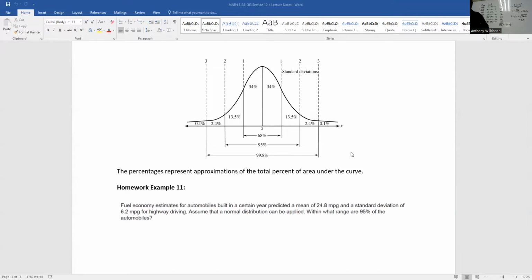Fuel economy estimates for automobiles built in a certain year predicted a mean of 24.8 miles per gallon and a standard deviation of 6.2 miles per gallon for highway driving. Assume that a normal distribution can be applied. Within what range are 95% of the automobiles?